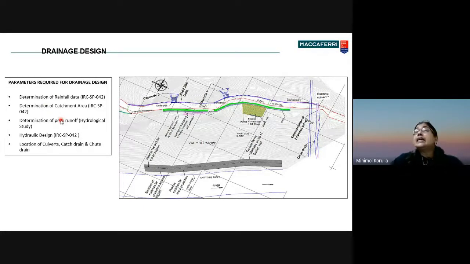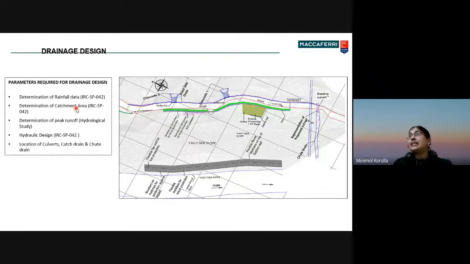Then see, apart from the rainfall data, another point is how much land is receiving the rainfall, especially for a slope. If it is a rectangular plot, we can immediately tell that this is the area where the peak catchment area will be, but at present it is in a limited area only.